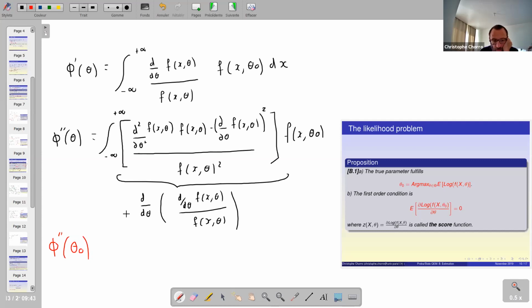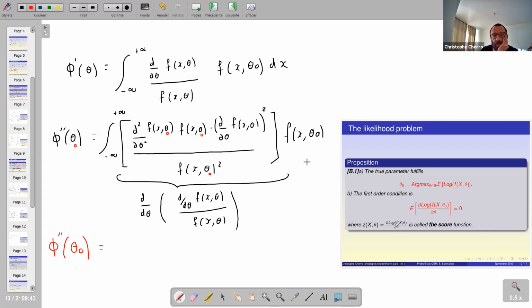So phi second of theta 0 is given by what? So I replace the things. Let's write it. I can write it this way here. So for theta, I obtain this one. And if I put theta 0, I will have theta 0 here, theta 0 here, theta 0 here, theta 0 here.